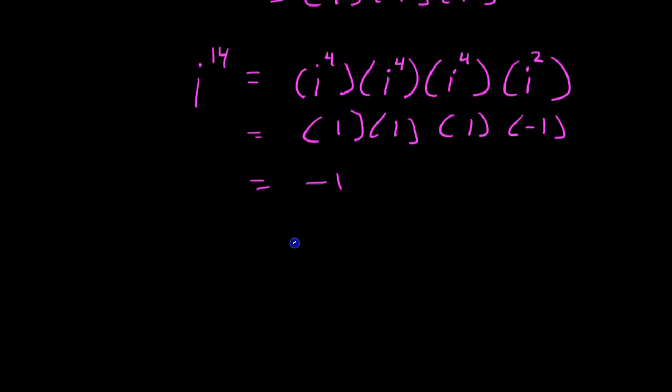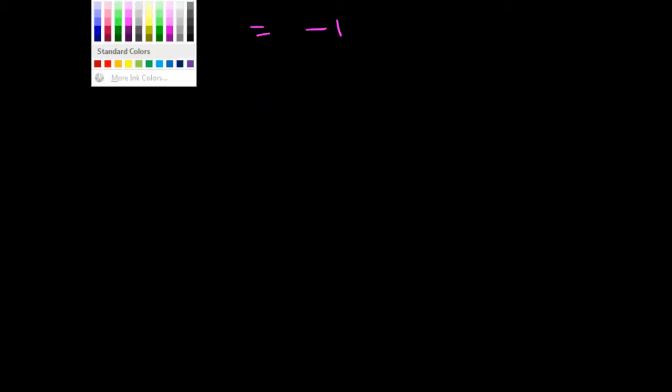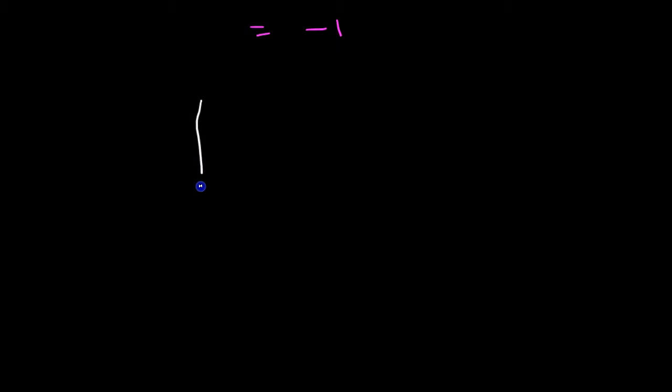But look, there are only 4 possible answers. And if I give you something like i to the 2,376 power, you don't want to sit here multiplying out a bunch of i to the fourth power. So you need a shortcut, and here it is. I like to use a chart such as this.